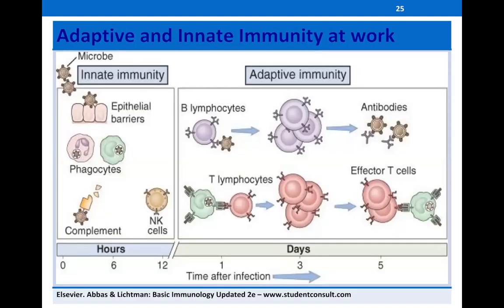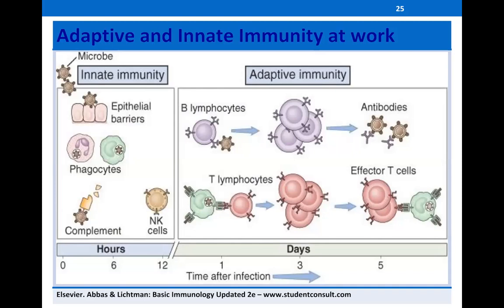Okay. All right. So this is just an illustration of your innate and adoptive immunity when you have an infection. During the first 6 to 12 hours, our innate immunity provides us immunity. These are your epithelial cells, your phagocytes, your complement system, your complement proteins, and your natural killer cells. But when these microbes have undergone innate immunity, after 12 hours, usually the adoptive immunity would take place.